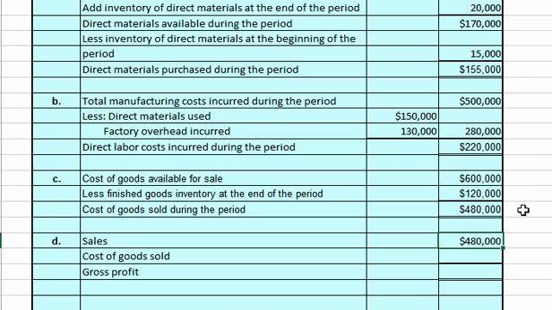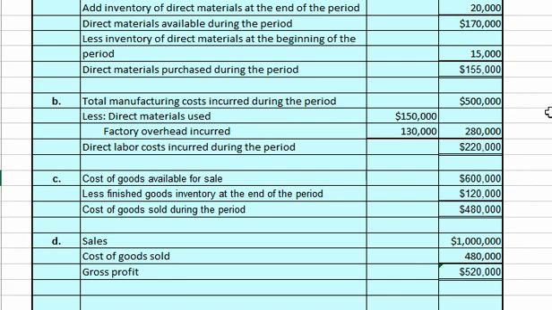Let's say sales was 800,000. Well, I'm sorry, I think we said 1 million. Okay, and then cost of goods sold was 480,000. The difference in the two would be our gross profit, 1 million minus the 480,000. It's your 520,000 for gross profit.